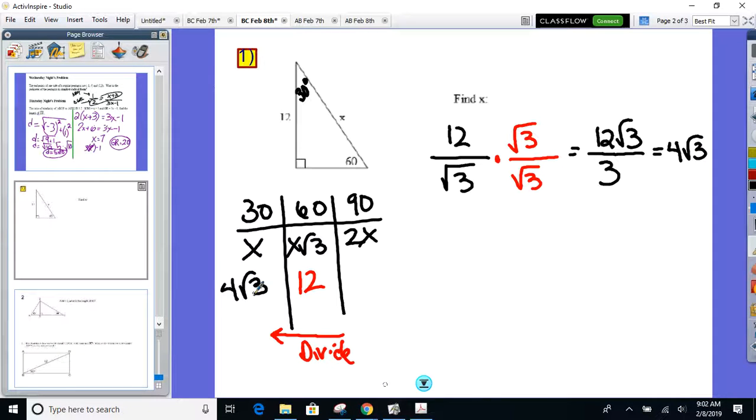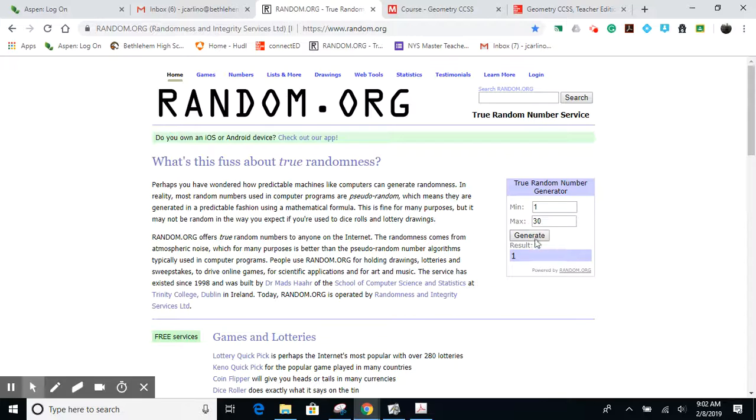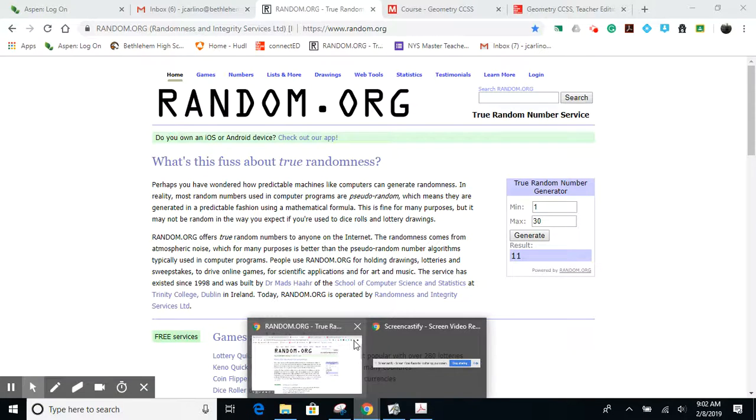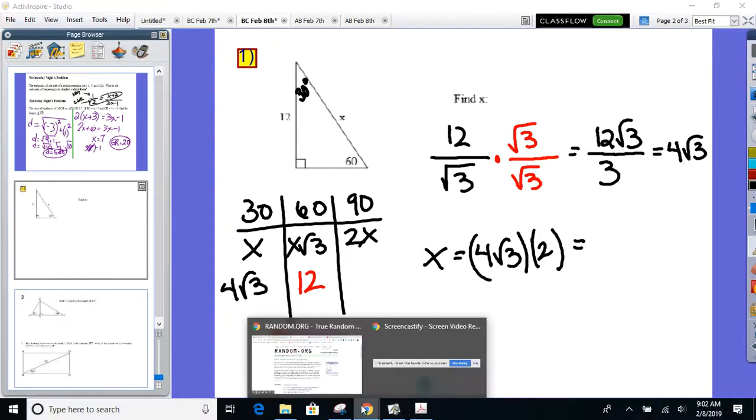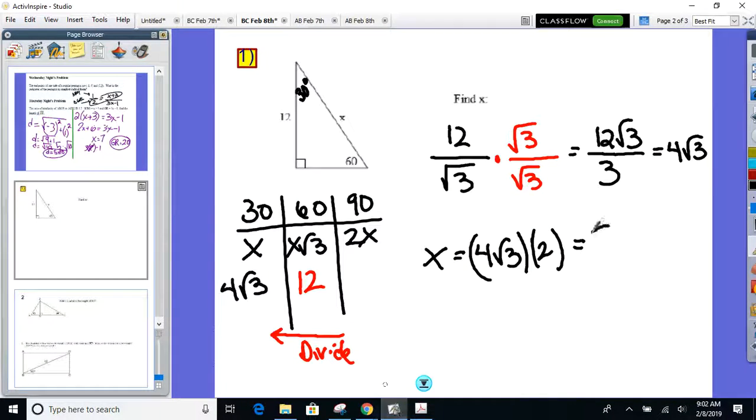Now what do I have to do to that? Now here's where I'm going to start hearing from some people. What do I have to do with that 4 radical 3 to go across from the 90? Multiply it by 2. 4 radical 3 times 2. Want to make sure we got the radical algebra down pat anyway. 8 radical 3.